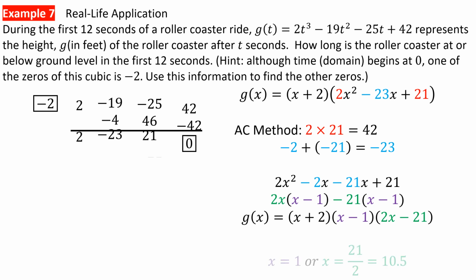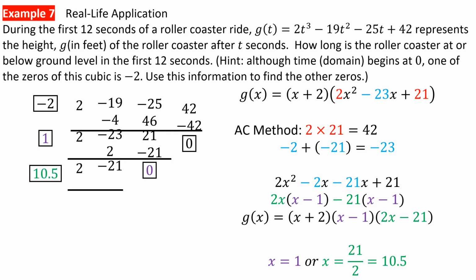So what does that tell us? We know that our 0 was -2. We also have a 0 at 1 and at 10.5. 21 halves simplifies to 10.5. If we were to go back into synthetic division just to check our work, we could take that 1, put it in the box, bring down the 2, multiply, add again, and we would find that yes, indeed, (1, 0) is a point on our graph.